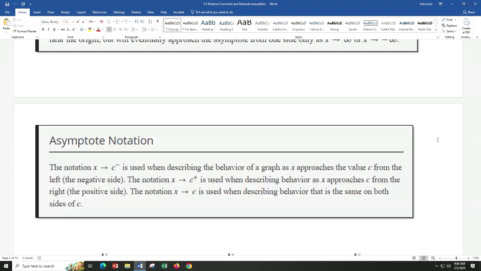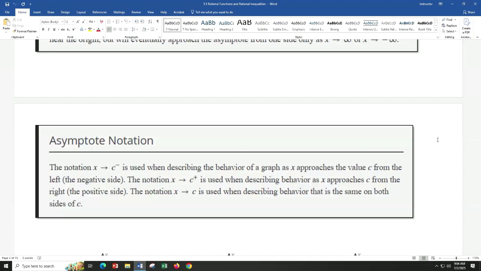Technically speaking, if you see this notation here, c, it's because this is happening here and here, so we don't write it twice. If I see x approaches c, I know it's approaching c from both sides.